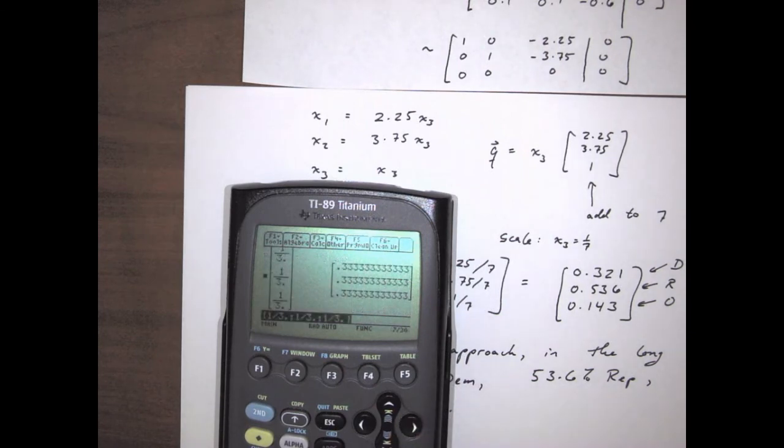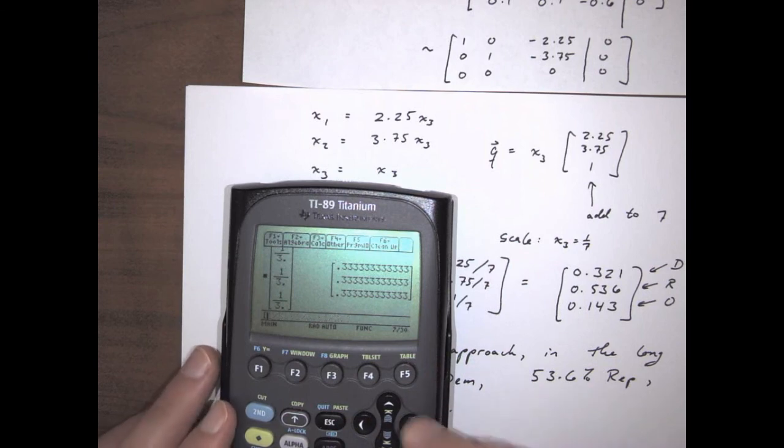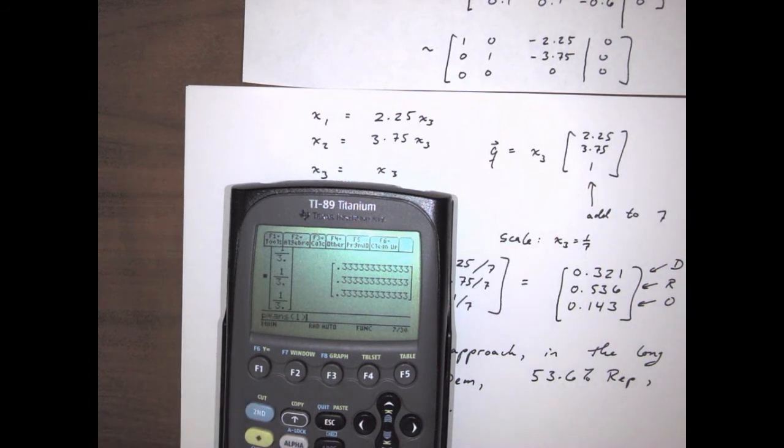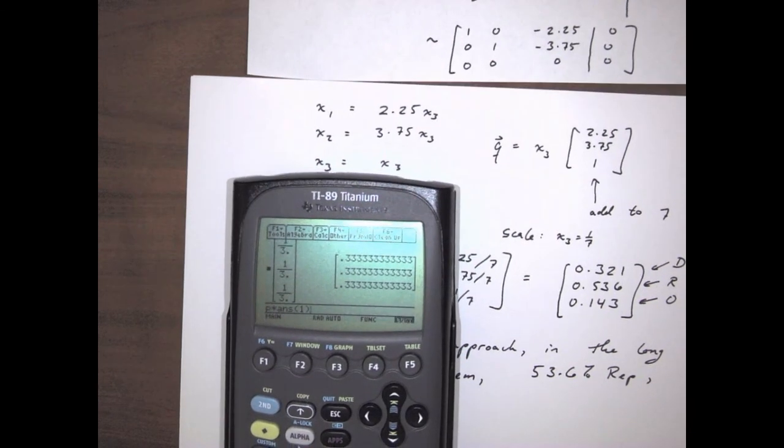0.3, 0.3, 0.3. Okay, so this is our initial setup, and now what I want is to do P times answer. So alpha P times answer. This way I can just hit enter to iterate over and over again. Okay, first cycle happens. So notice what happened here.